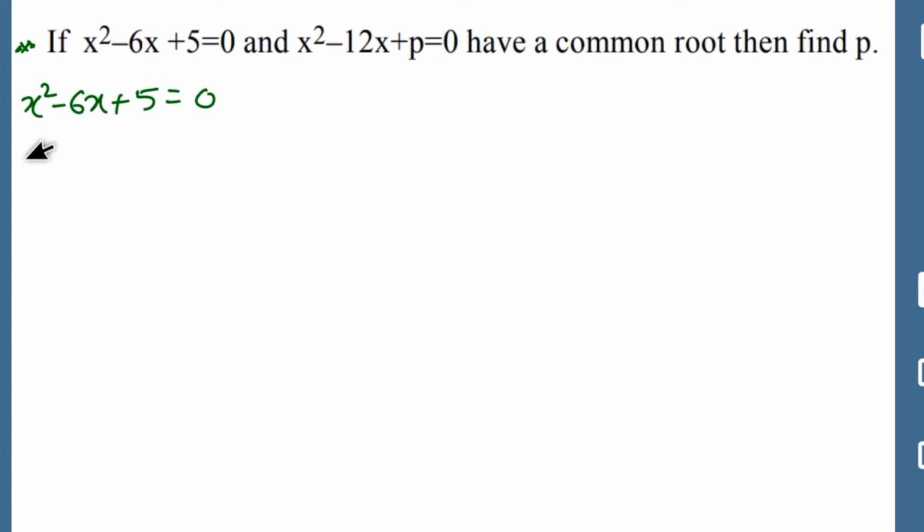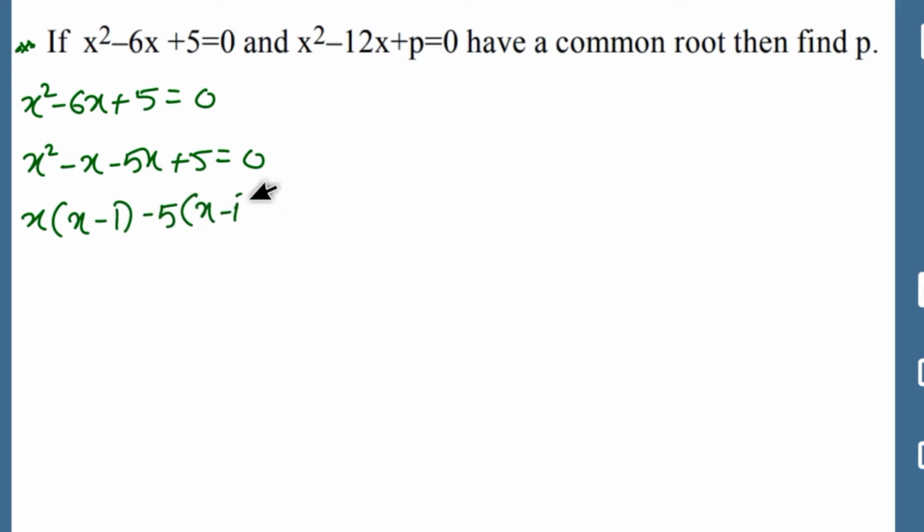So minus 6x can be written as minus x minus 5x plus 5 equals to 0. X is common, so x minus 1. In the second two terms, minus 5 common, x minus 1 equals to 0. So x minus 1 into x minus 5 equals to 0.